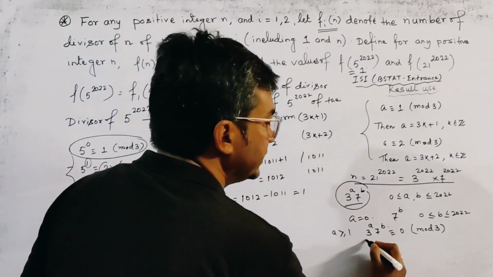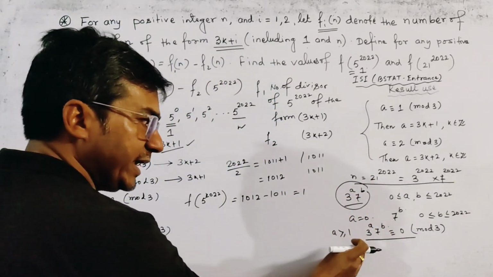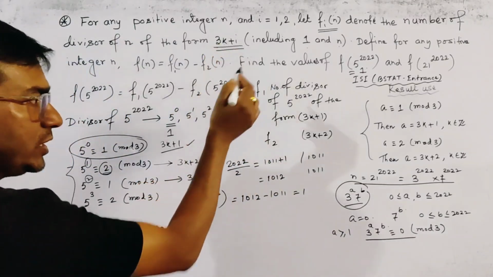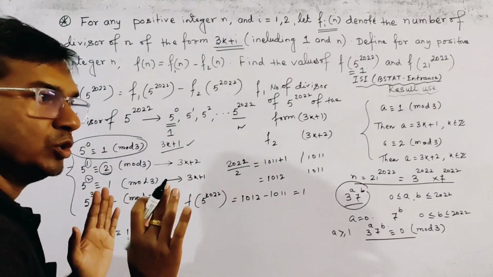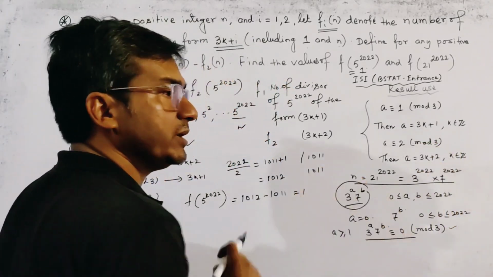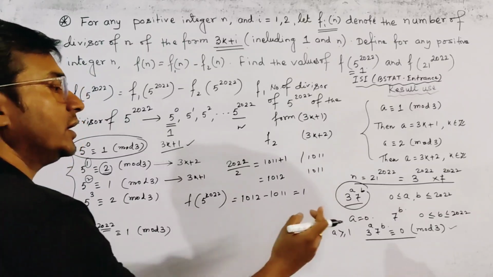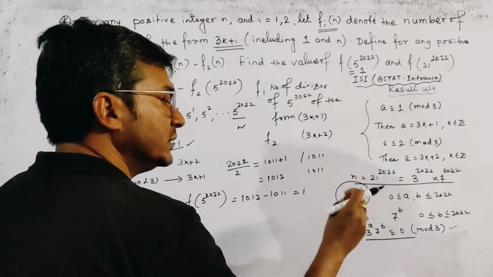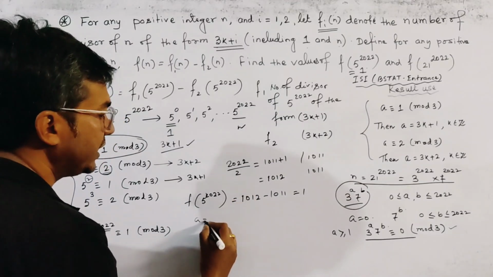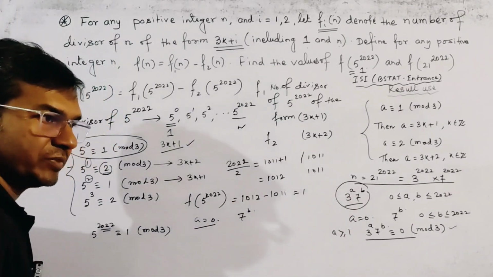So in this case we cannot get a divisor of the form 3k plus 1 or 3k plus 2. So we delete this type of divisor from consideration. Now we consider the divisors when a equals 0, that is, the 7 to the power b type divisors.